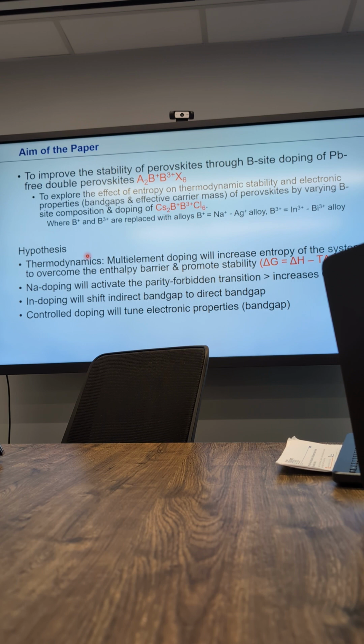So their key hypothesis was that the thermodynamics was going to be affected drastically. And this paper is titled Entropy Stabilization. So their point was, in the general thermodynamic equation, we have Gibbs free energy is formation energy minus T delta S, which is the entropy.